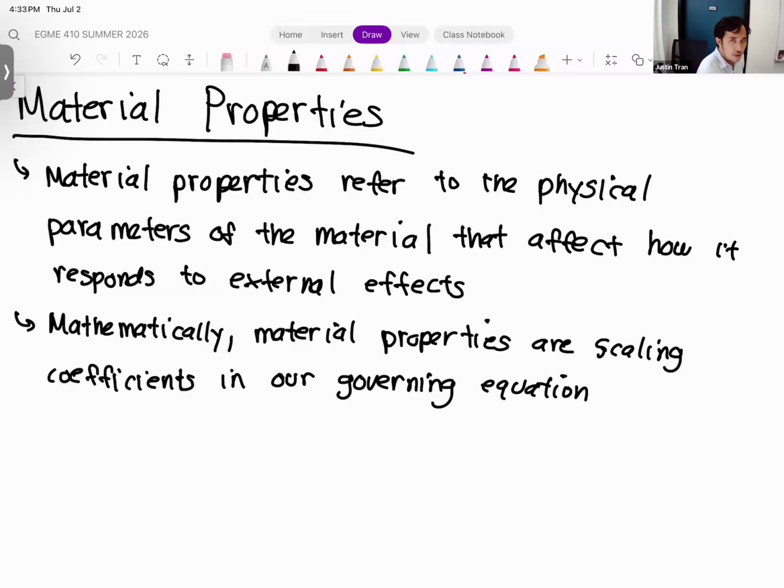If you look at the mathematical form, there are certain terms or expressions within the governing equation that are scaled by things like the Poisson's ratio or the Young's modulus. Depending on how those terms are scaled, that's going to affect our solution.